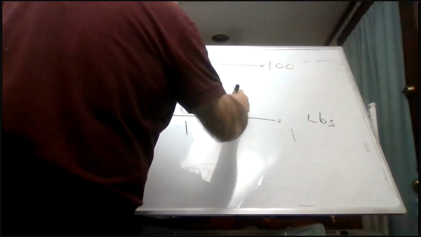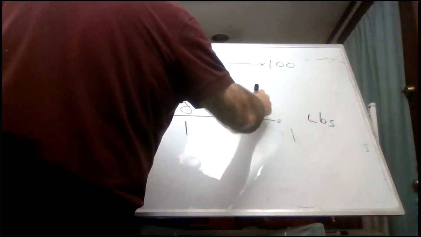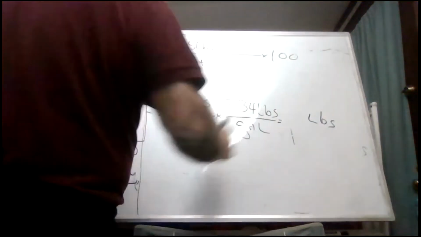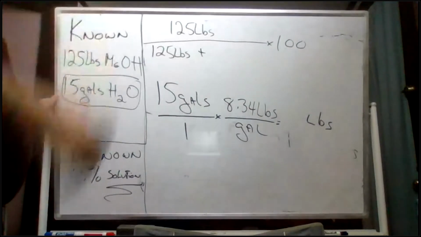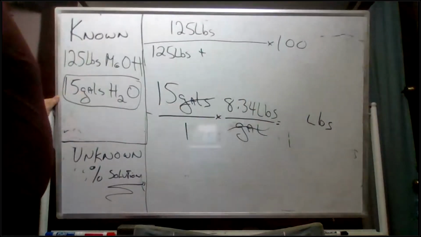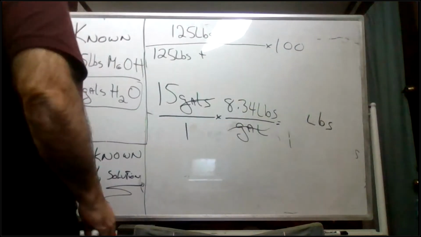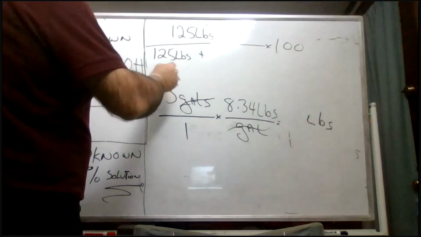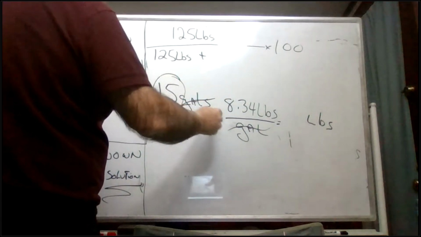We do it this way because we want the gallons to go away. We want to be left with pounds. So they go on opposite sides of each other. This is going to tell us what arithmetic we're going to do.